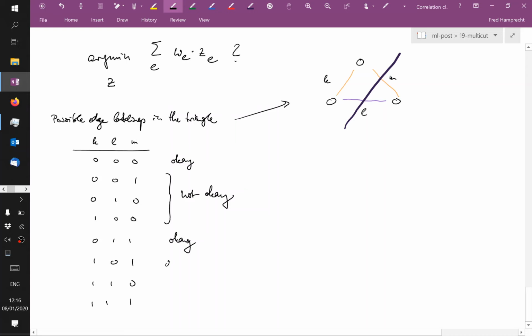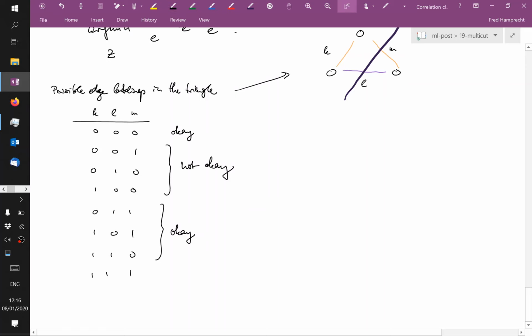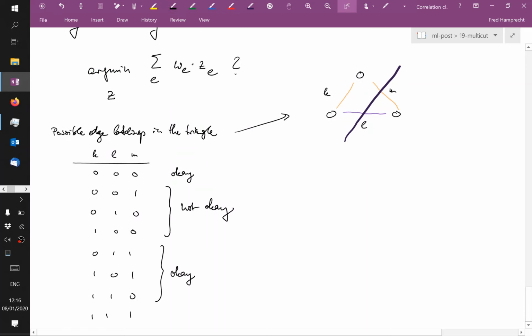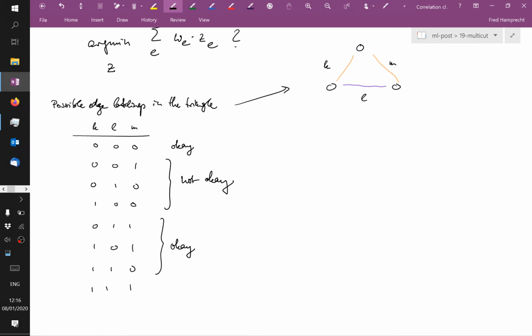So these are also okay. And then finally we have 1, 1, 1 means we cut every edge. Each node ends up being by itself. It may not be the least frustrated solution, but in any case it's a legal solution. It is also okay.